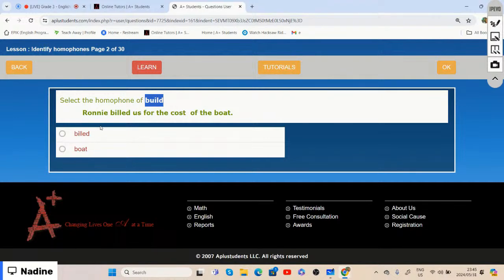But now it says Ronnie billed us for the cost of the boat. Is it option one build or option two boat that sounds the same as the first word that is highlighted?